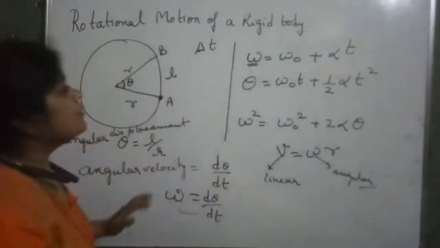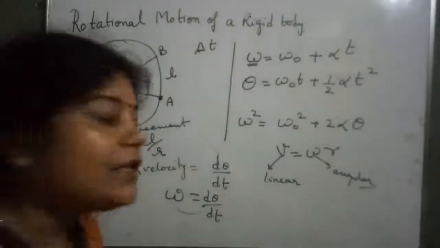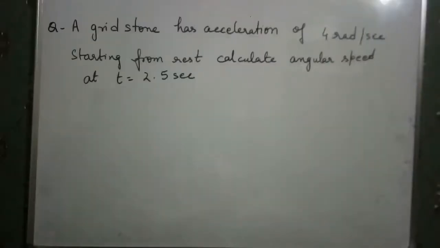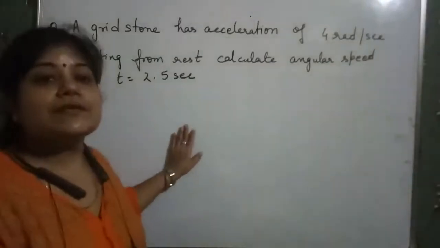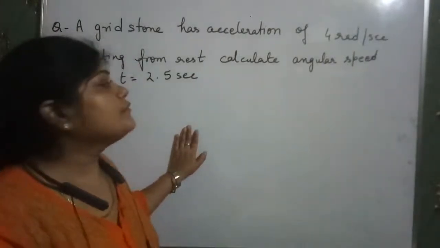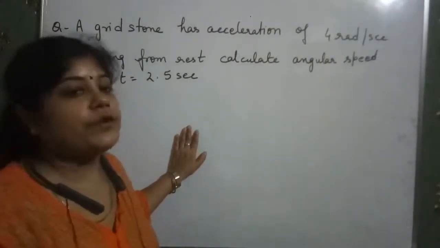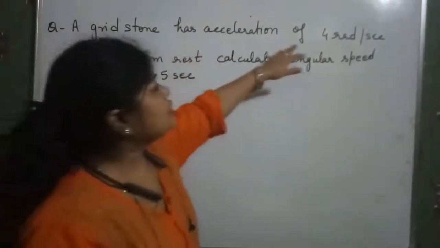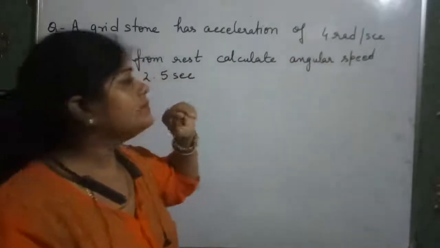Some more terms I am also going to explain, and I will also take numericals regarding these equations. Now I am going to discuss different types of questions which are asked based on these three equations of rotational motion. A grindstone has an acceleration of 4 radian per second.